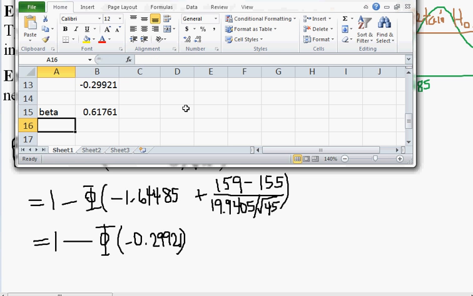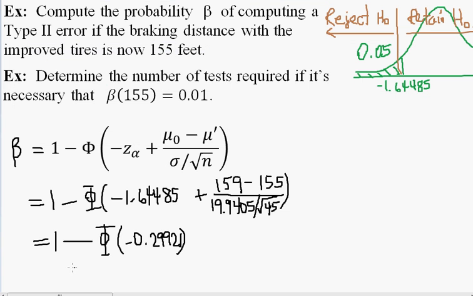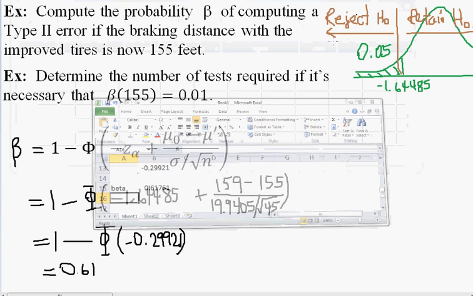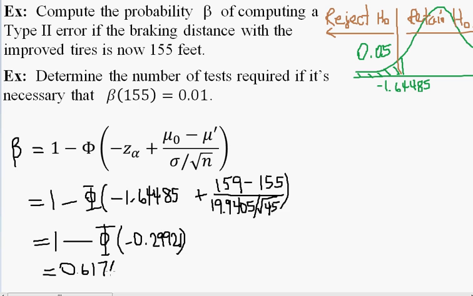And so our beta works out to be 0.61761. Okay, so that is the first extension.